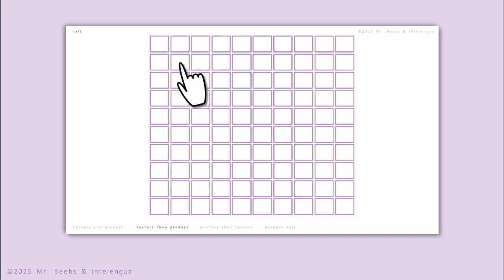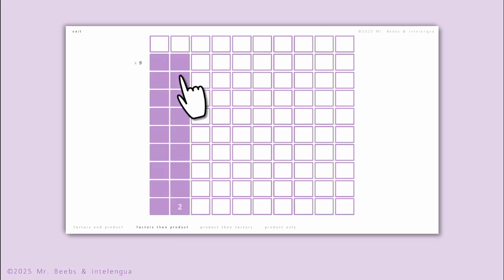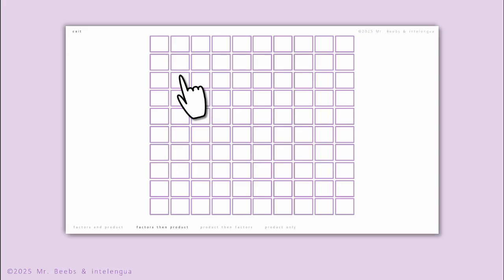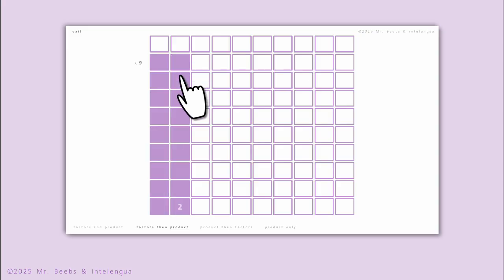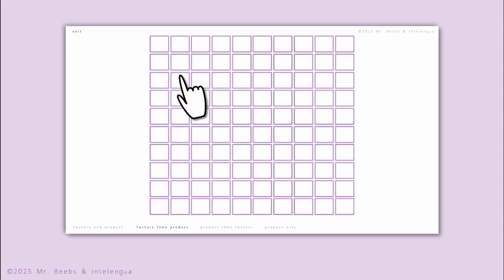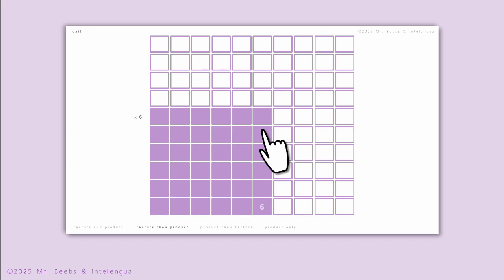Click once to show the factors, 9 rows of 2. And click again to show the product, a total of 18. This gives you a chance to anticipate the total before you see it, right? Click again to clear. For this option, 3 clicks. 1, 2, 3. 6 rows of 6.